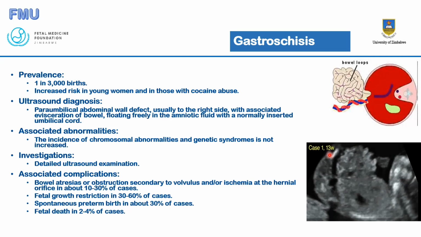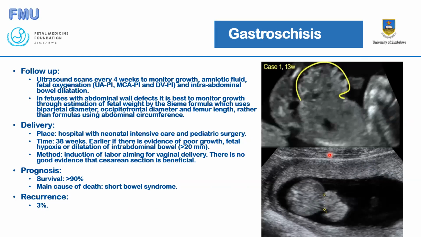Spontaneous preterm birth occurs in about 30% of the cases, and fetal demise may occur in about 2 to 4% of the cases. In terms of follow-up, I've already mentioned that they need growth monitoring.